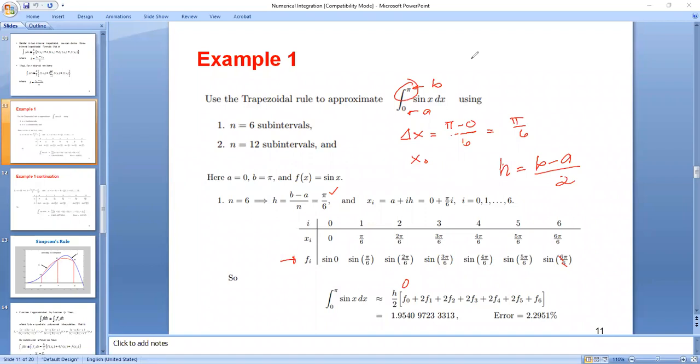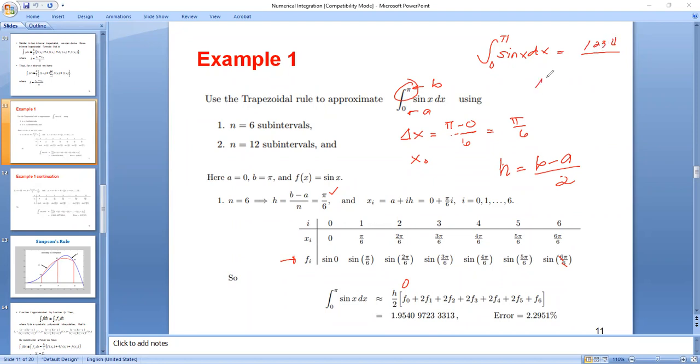The error is 2%. What you do to get the error, class, is get the value of this integral, the integral of sine of x dx from 0 to pi, from your calculator. Let's say this is 1, 2, 3, 4.